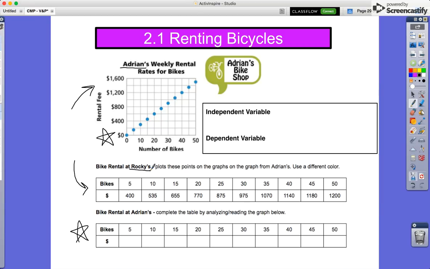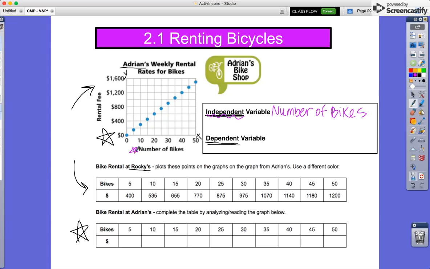Okay? Now, typically, the independent variable, the one that stands upright and all alone, is on the x-axis. And the dependent variable, the one who depends on the other one, the leaning guy, is on the y-axis. Okay? So in this case, the number of bikes is the independent variable because they get to stand alone and they get to stand upright.